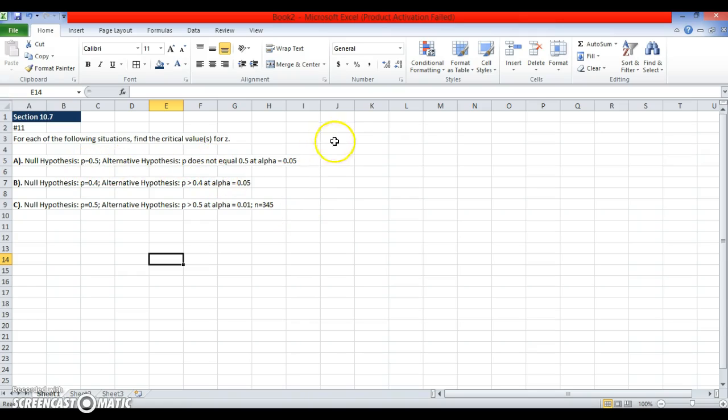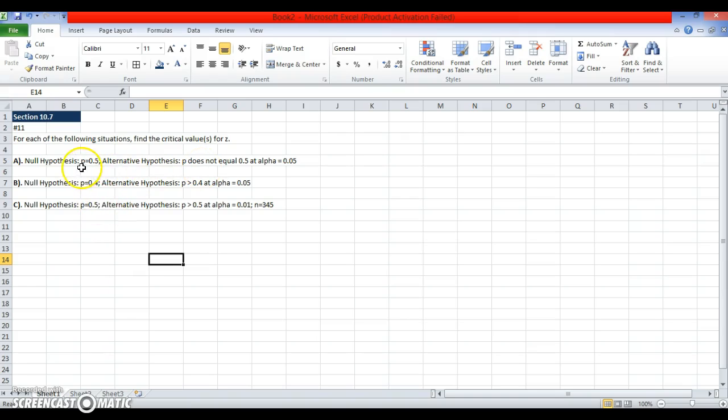If you think of the bell curve, it's a very direct hint as to whether it's one tail or two tail, as I'll explain a little later.